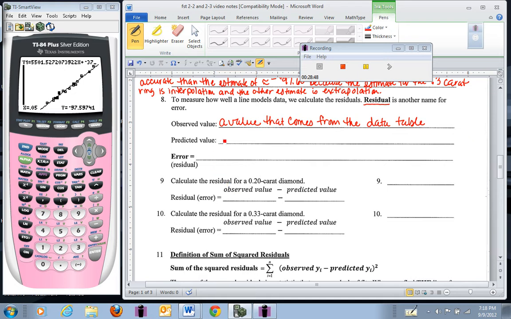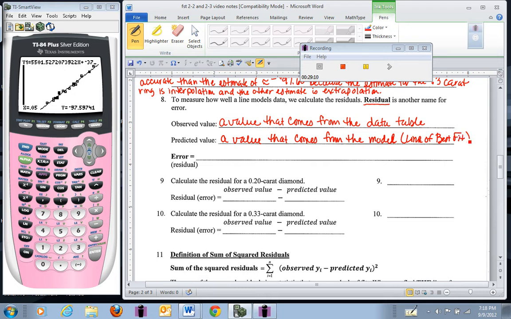A predicted value is a value that comes from the model. In this case, our model is the line of best fit. Later in the chapter, we'll do other models.